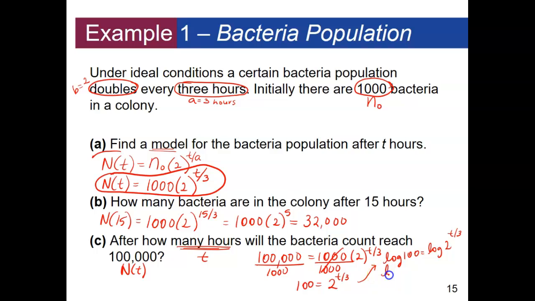Okay, so here I'm going to have log of 100, and I'm going to bring this T over 3 down. I want to get rid of the 3 as a denominator, so I'm going to multiply both sides by 3.